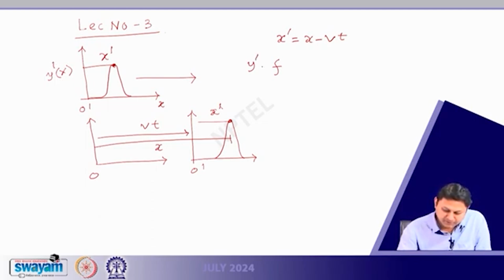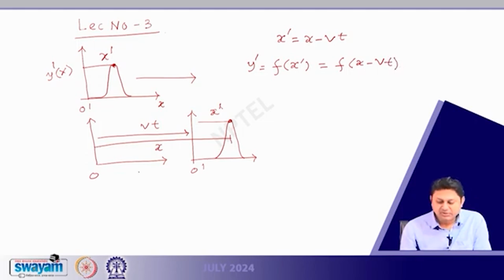So y prime is essentially a function of x prime, and I can write this as a function of x minus vt. The shape of the wave remains conserved during this process, so we always have a functional form whose argument is x minus vt, and that gives us the feeling that this disturbance or wave is moving along x direction with a velocity v.